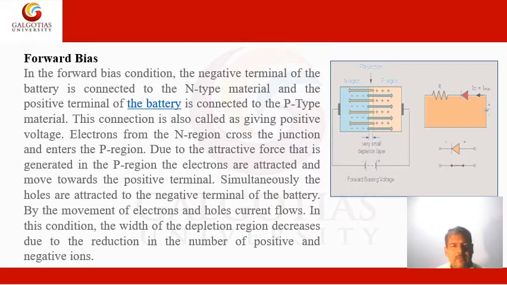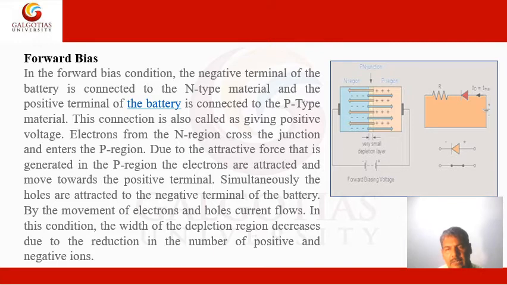Forward bias. In the forward bias condition, the negative terminal of the battery is connected to the n-type material and the positive terminal of the battery is connected to the p-type material. This condition is also called giving positive voltage. Electrons from the n region cross the junction and enter the p region.